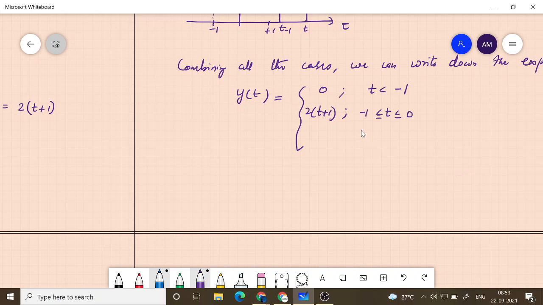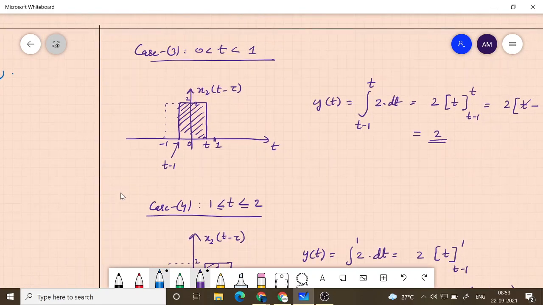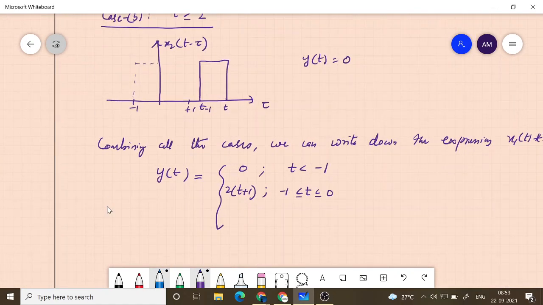And then the third case, what was the third case? For t between 0 and 1, the result was 2.